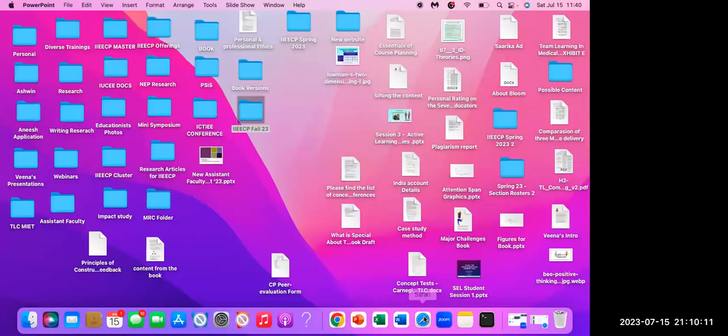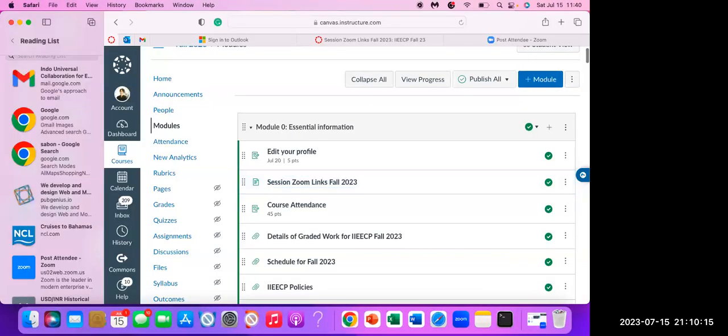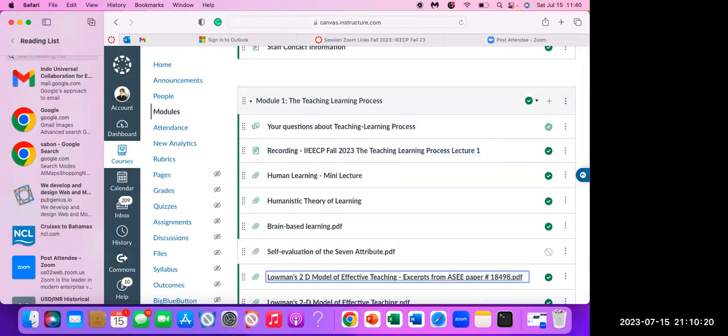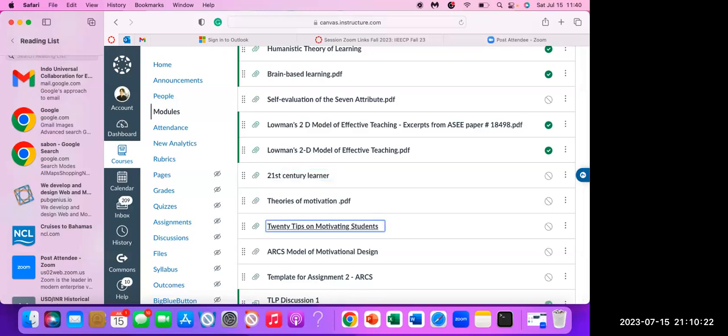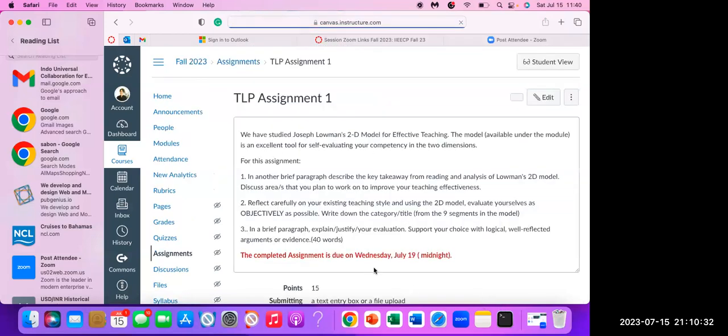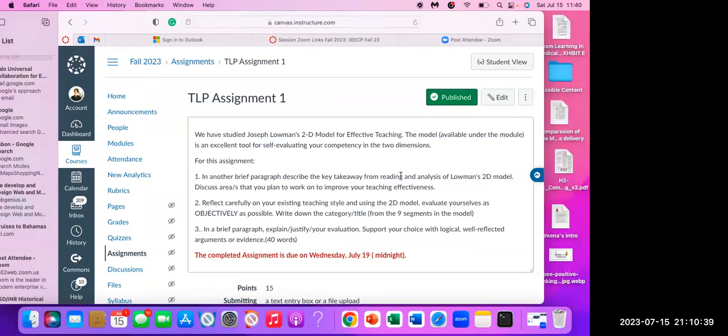Okay, can you see the screen? Yes, madam. Okay, so here it is. In another brief para, describe the key takeaway of all this.